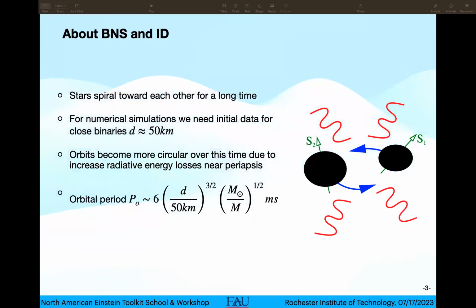Another important phenomenon here is the orbit circularization. We know that even if we start from a highly eccentric orbit, due to the gravitational wave emission, there is orbit circularization, and at a radius like we have here, 50 kilometers, it's almost a circular orbit, which is very slowly shrinking during its spiral motion toward the center. So that's the big picture.